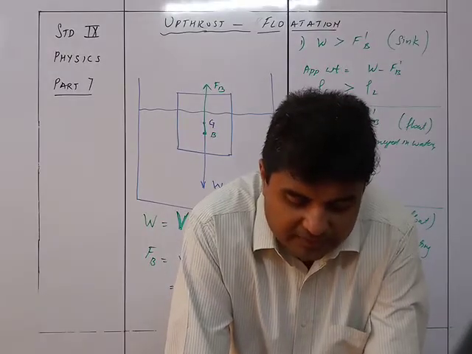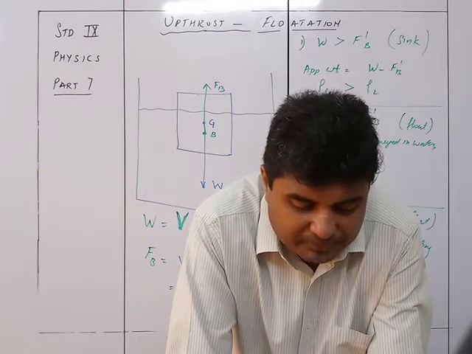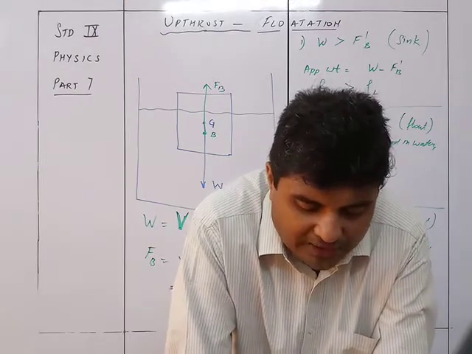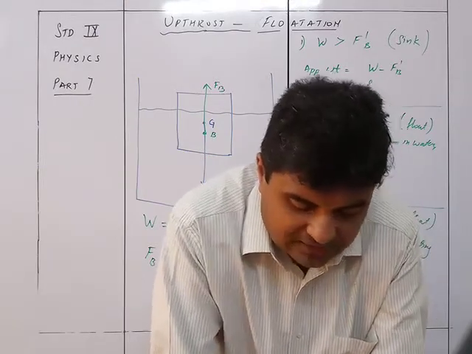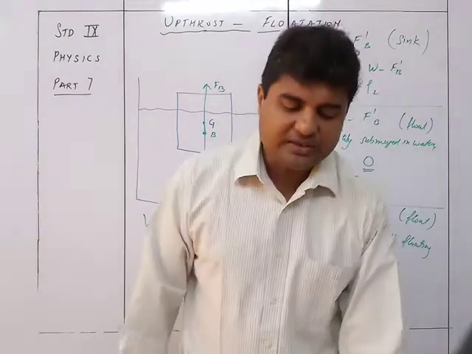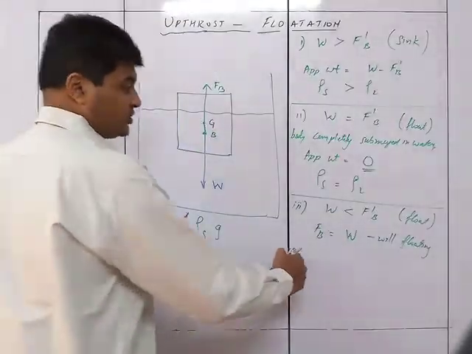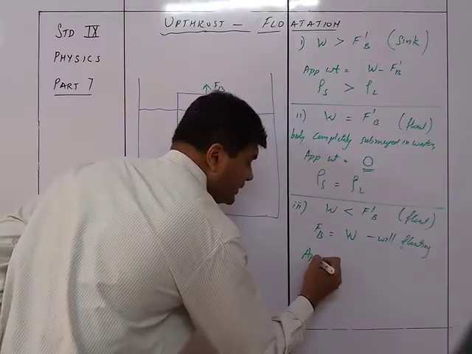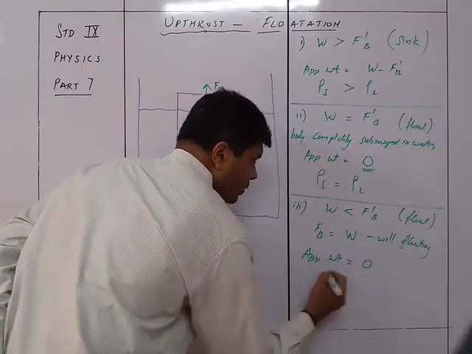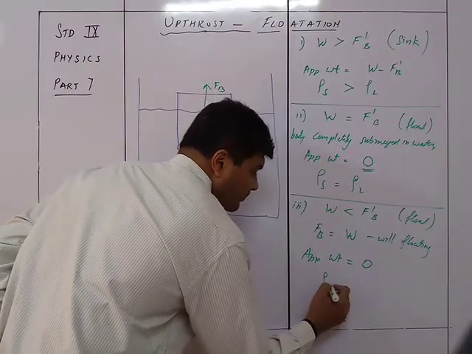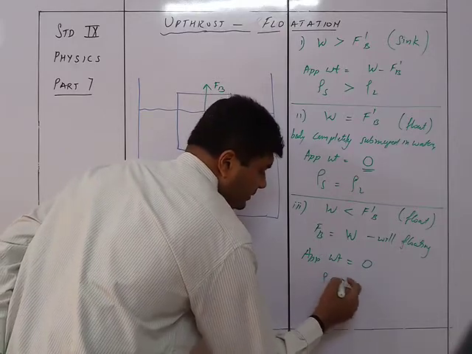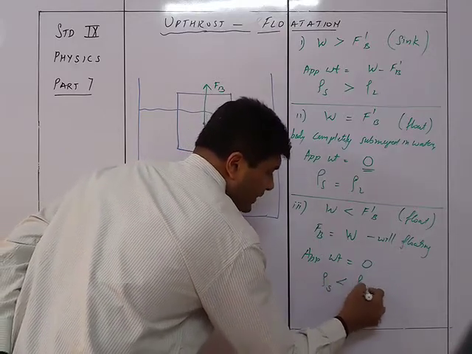The weight W is equal to the upthrust FB, only due to the submerged part of the body. Thus, the apparent weight of the body will be 0 in this case also. So here also the apparent weight is equal to 0 and rho S will be less than rho L.